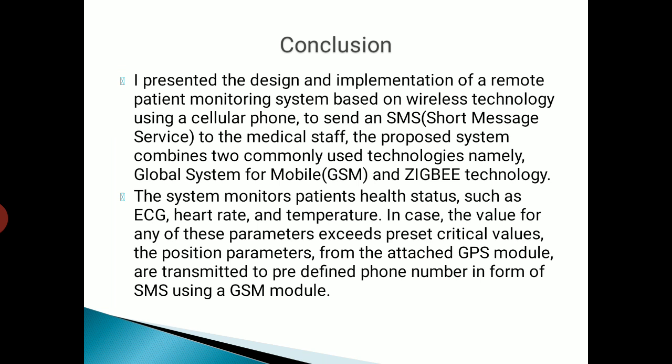The system monitors patient health status such as ECG, that is electrocardiography, heart rate, and temperature. In case the value of any of these parameters exceeds preset critical values, the position parameters from the attached GPS module are transmitted to a predefined phone number in the form of SMS using a GSM module.